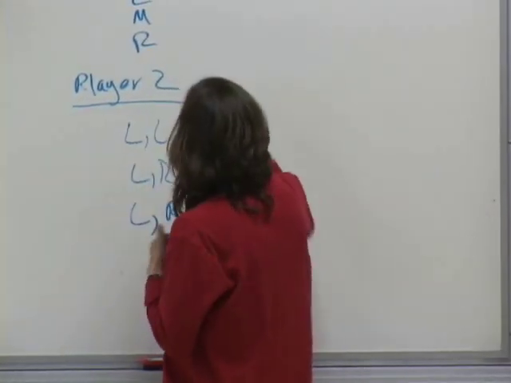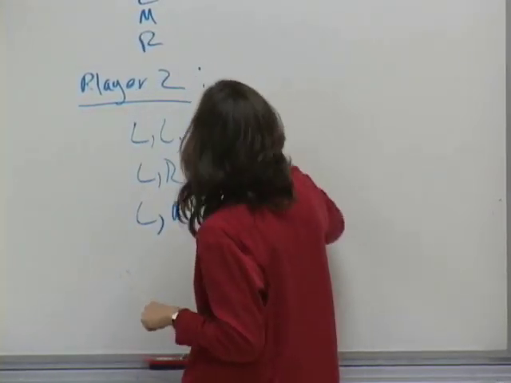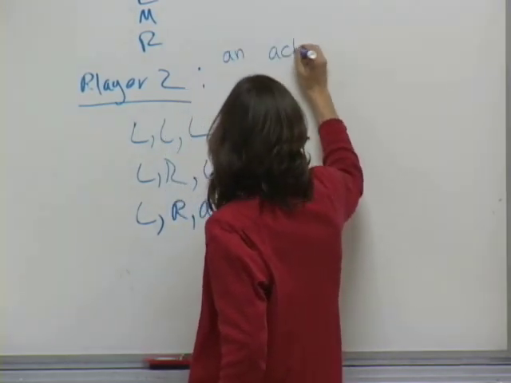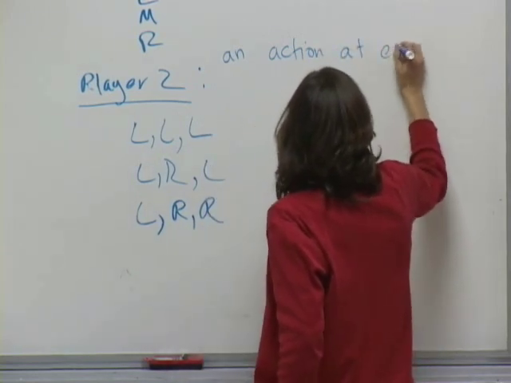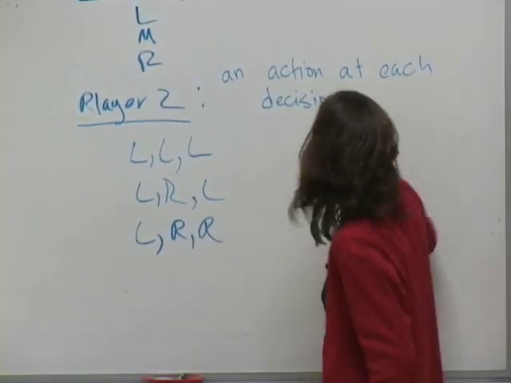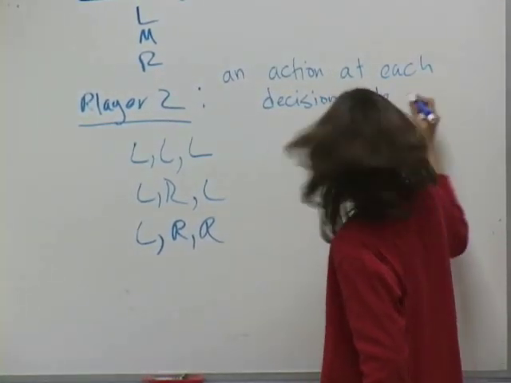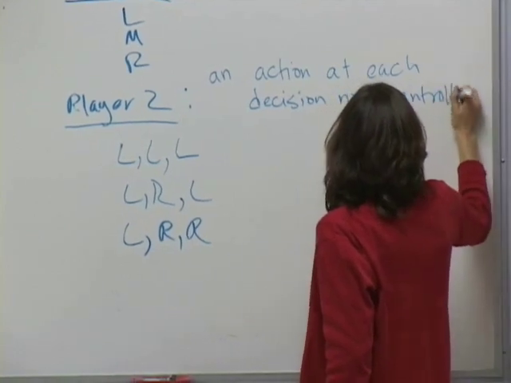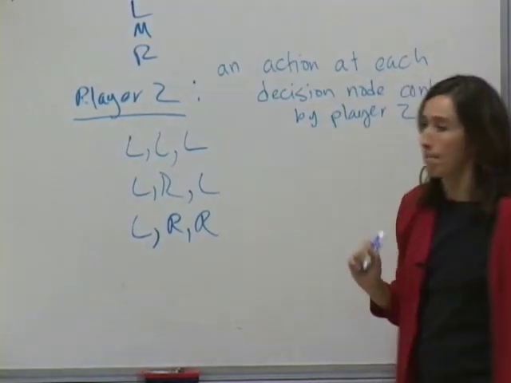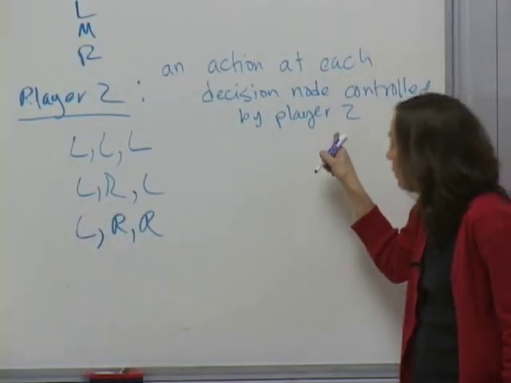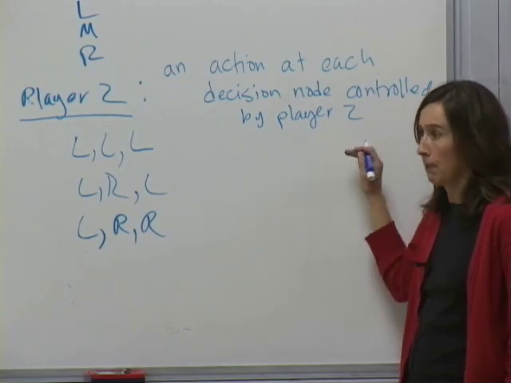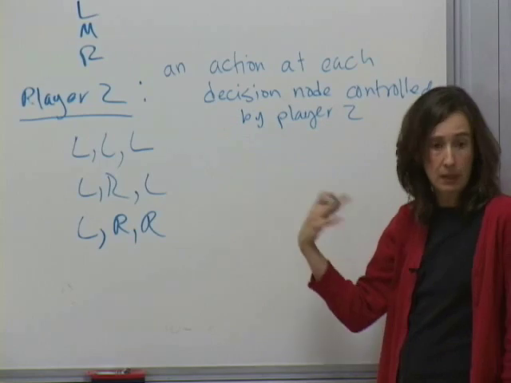Okay, so what I need here, we're going to go back to the definition of the strategy, is an action at each decision node. Each decision node controlled by player 2. Okay? So again, whenever we think about strategies, we have to think about which player, because we have to know how many nodes will be included.